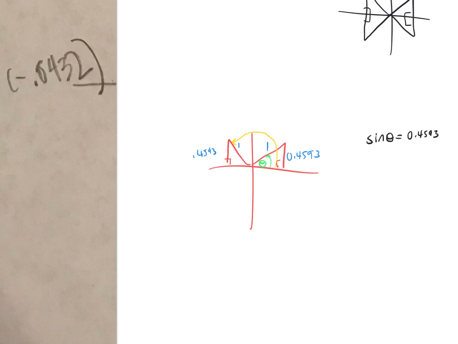So it is therefore the case that the inverse sine of 0.4593, well, that's going to equal that sort of green theta there. Now, you do need a calculator for this. It is the case that the inverse sine of 0.4593 is 27.3 degrees.